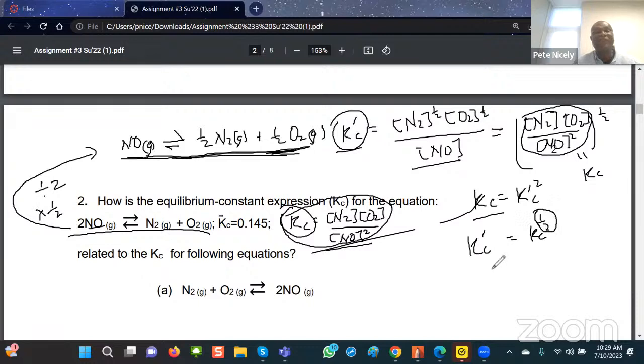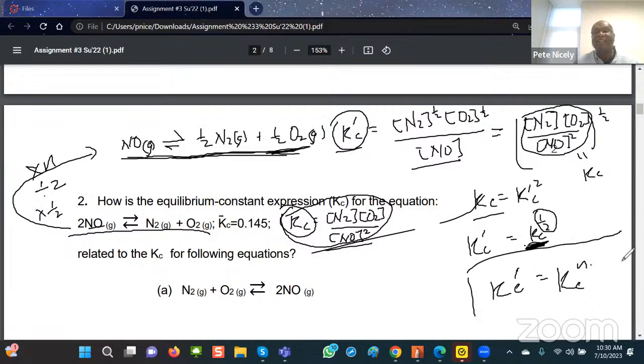So if you multiply the original equation by a value, then the Kc prime value would be equal to the Kc of the original equation raised to the value that you multiplied by. So if I were to multiply this by n, then the Kc prime would be equal to Kc raised to the n.